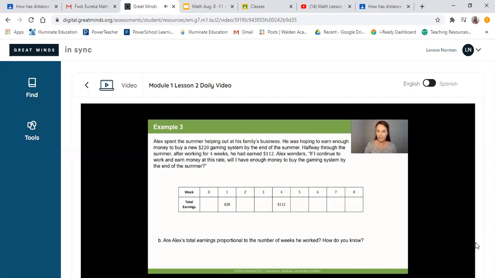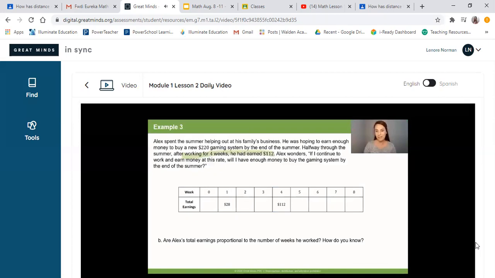But I'm curious, where did the two given data points come from? Maybe you looked back at Alex's story and saw that he told us he earned $112 after working 4 weeks. But what about the data point representing 1 week and $28?